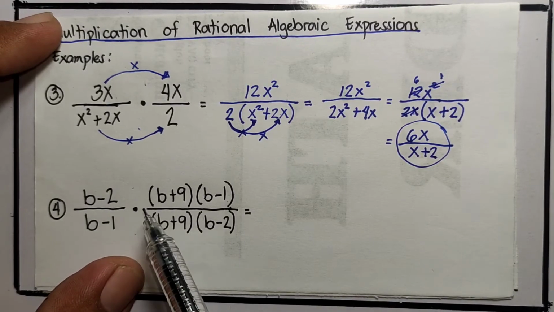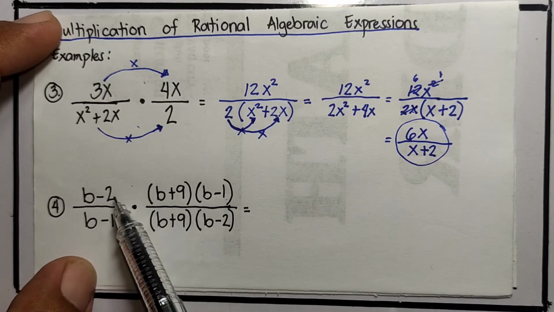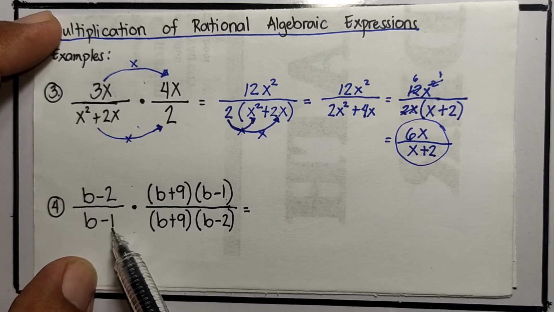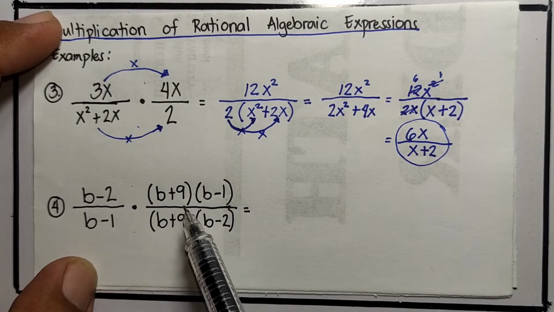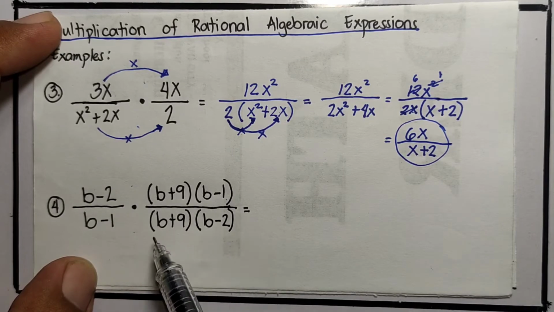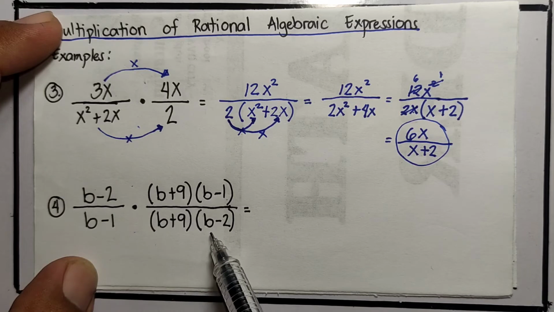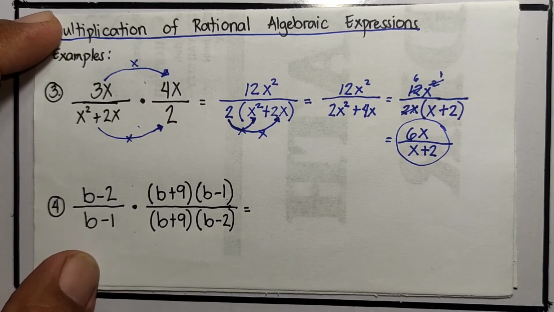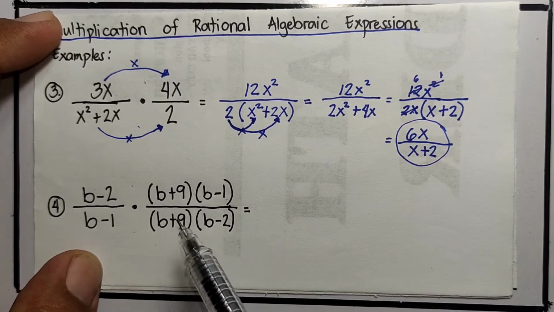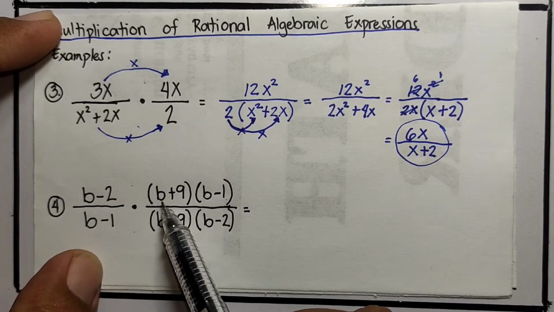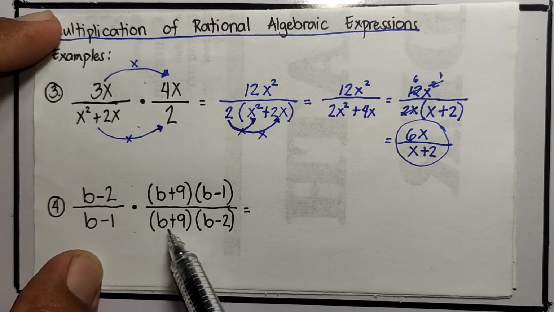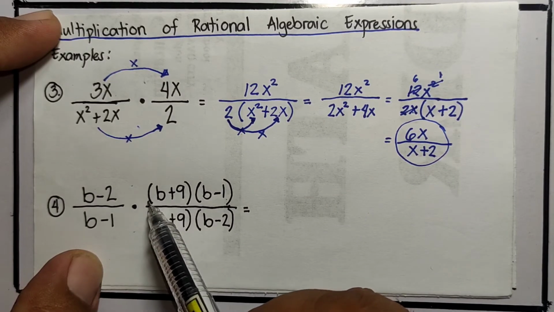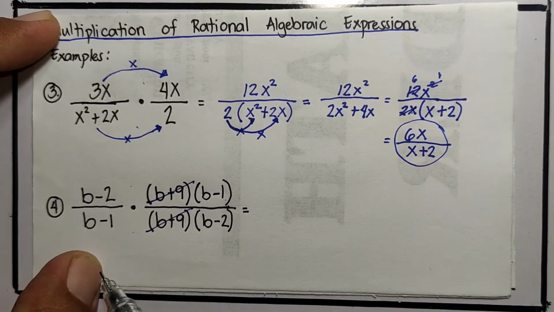Okay, another example. We will have here b minus 2 all over b minus 1 times b plus 9 times b minus 1 all over b plus 9 times b minus 2. On this part, kasi naka-factored out nito, mas madali sa atin yung cancellation method. Cancel lang natin yung numerator at saka yung denominator. Isa sa numerator, isa sa denominator. Tulad nito, b plus 9 and b plus 9, they have the same term, therefore cancelled out. It means 1.